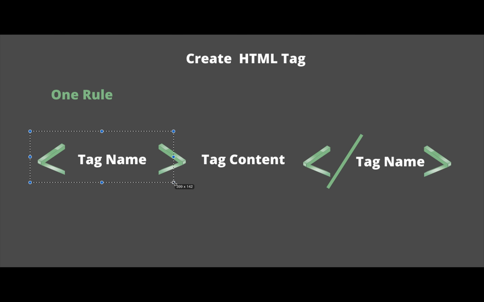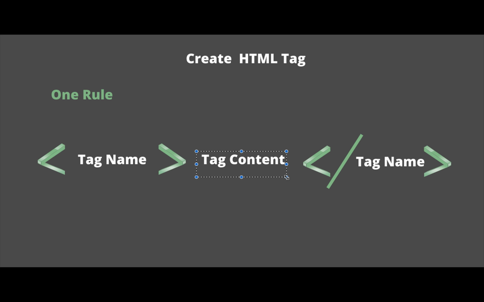Between these two symbols we have to add the tag name. Then we have to close it with the similar syntax, but we have to add a slash before the tag name. And between the opening and the closing tags we have to write the tag content.